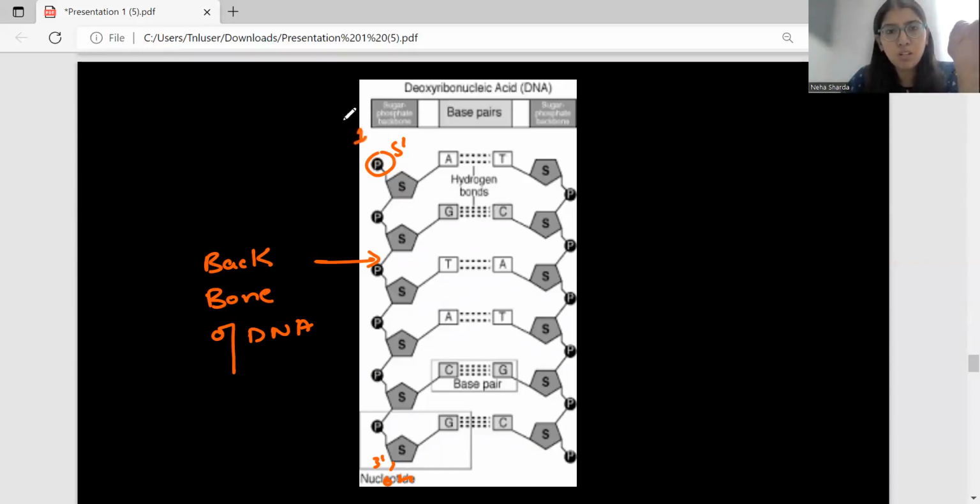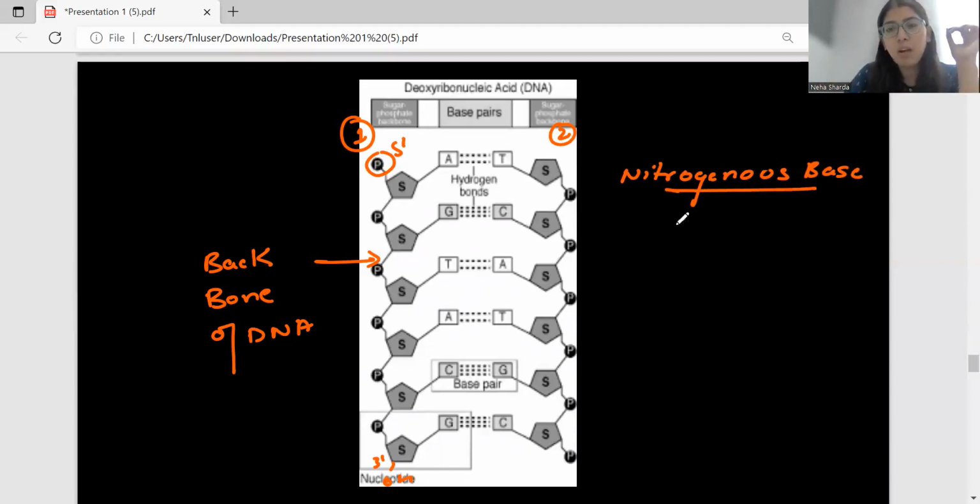This is our first polynucleotide chain. This is our second polynucleotide chain. Now, these will attach with each other with the help of nitrogenous base. So nitrogenous base will form hydrogen bond.